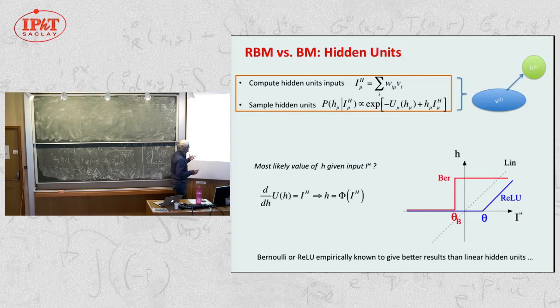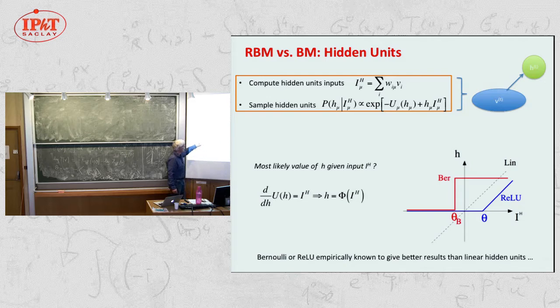Now, what kind of function do we want here? This is telling me what is the activity of the hidden unit as a function of the input it receives. So what are the interesting functions you can think of? The simplest function you can think of is h proportional to I. So h would be a linear function of I. What does that mean? If phi is the identity, the slope does not matter here.